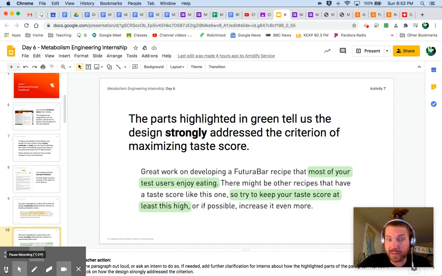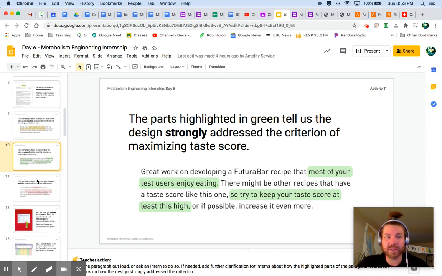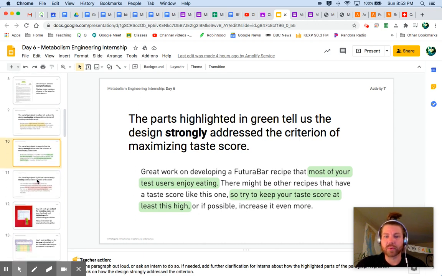There might be other recipes that have a taste score like this one, so try to keep your taste score at least this high, or if possible, increase it even more. So are we worried about our taste score at all here? No, we are doing really well. We want to keep it as high as it is. If it goes any lower, we're risking treating this criterion only moderately and not strongly.